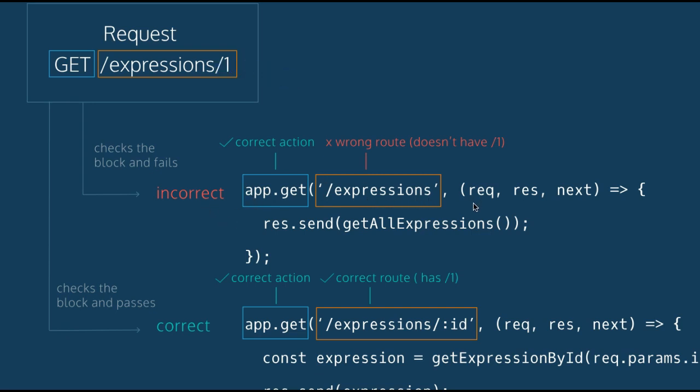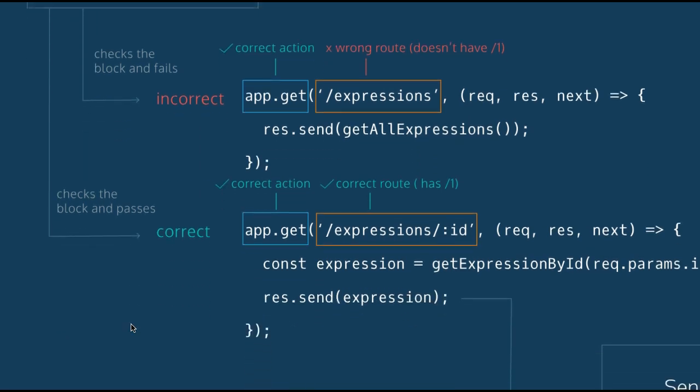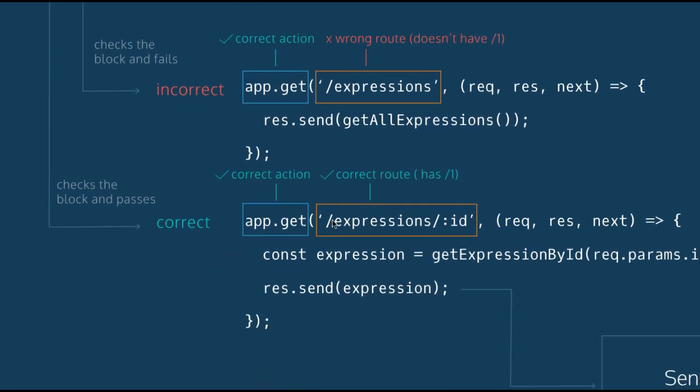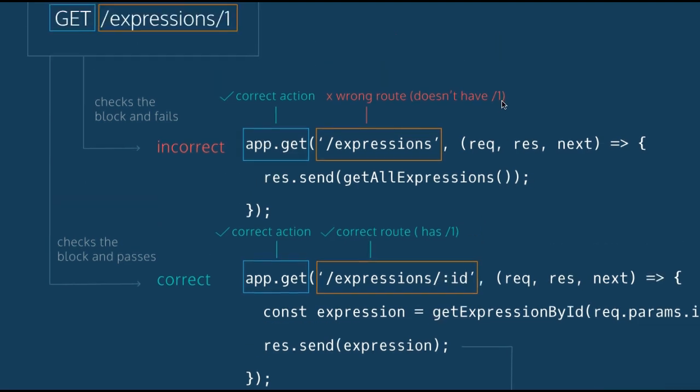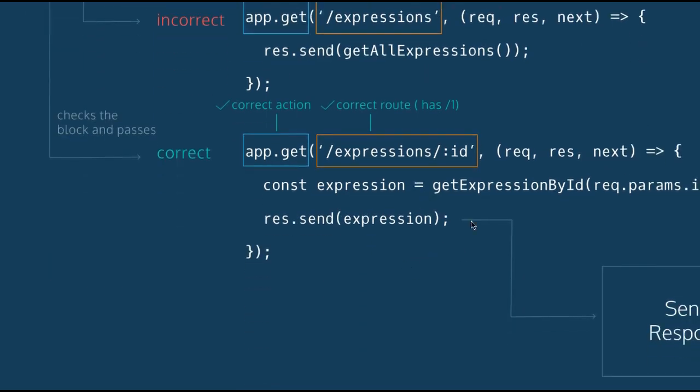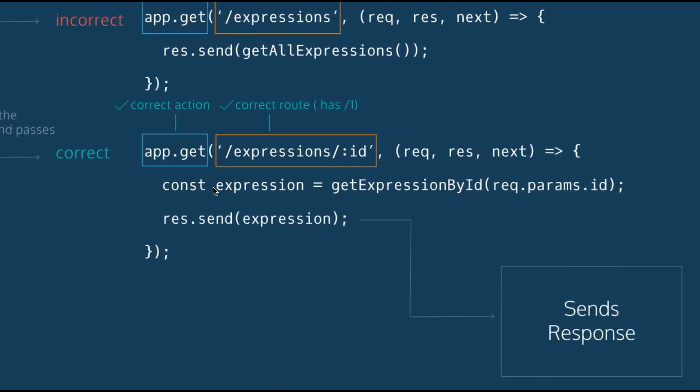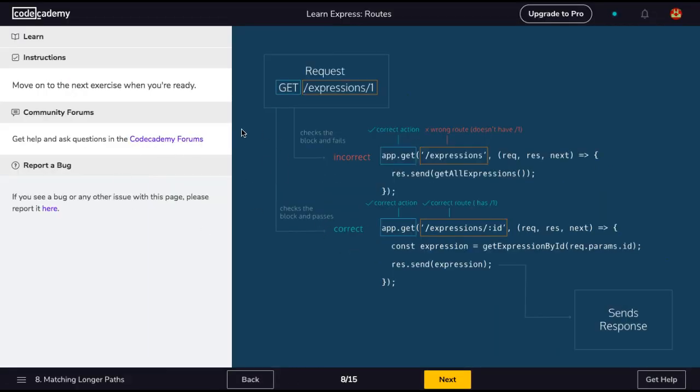So it skips over this and then goes to the next route, which is app.get, which is true, /expressions, which is true, and then /:id, which is true, because this parameter will take any value. 1 is any value, and therefore it runs this code, which creates a constant called expression, and then gets the expression by ID. We pass in that ID that was passed in. We send that back.